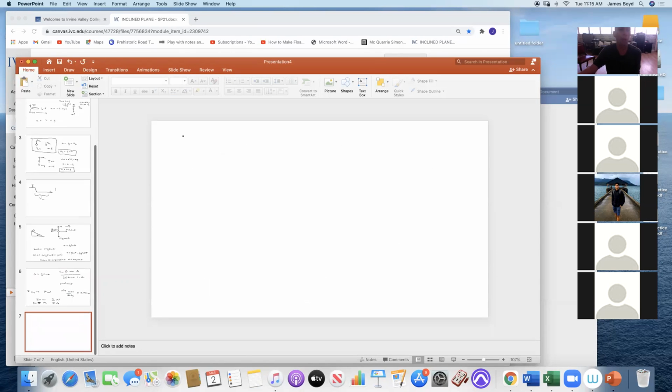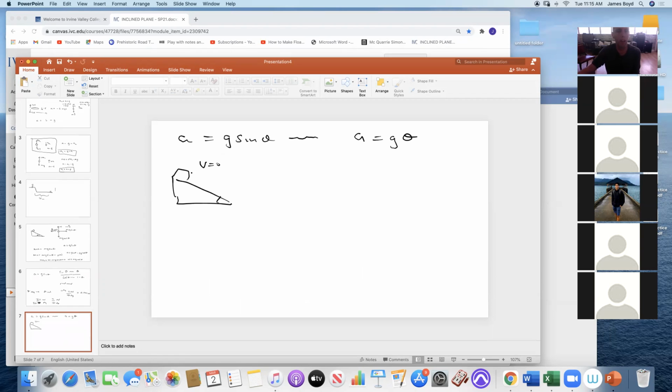Knowing that, we can then say that a = g sin theta is approximately a = g theta. Okay. If now we want to find the velocity, if it starts at the top at rest, v naught is equal to 0, and then it reaches the bottom and we want to find v final, what is v final equal to?